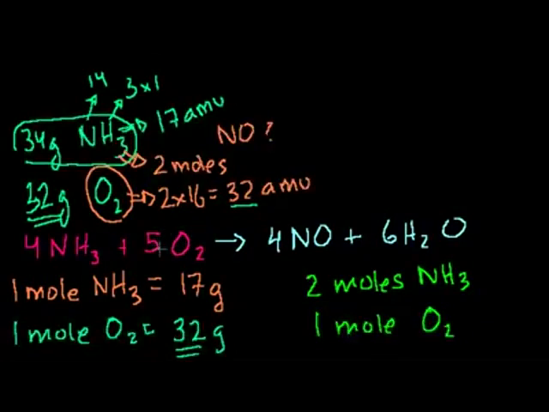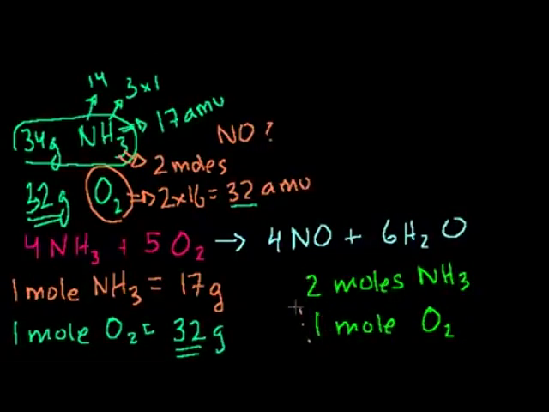Or, for every 5 moles of oxygen, we need 4 moles of ammonia. So something doesn't gel here. Normally we need more moles of oxygen than we have ammonia. In the example that we're working through, we've been given less moles of oxygen than ammonia. We've been given less oxygen than we need for all of this ammonia.